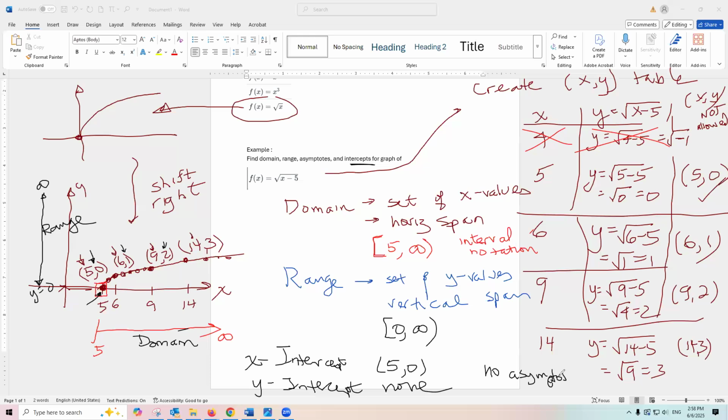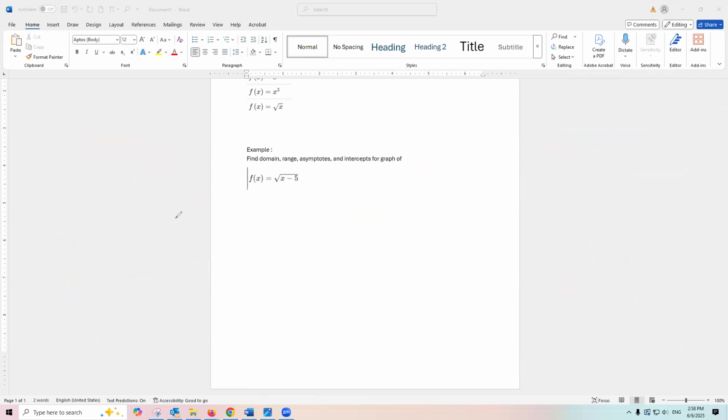Let me explain what asymptotes are, but let me use a different graph for an asymptote discussion. So let me clear the screen here for a second. I want to give you more information about intercepts and asymptotes.